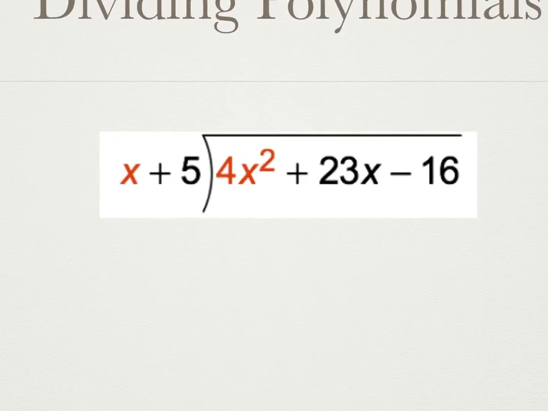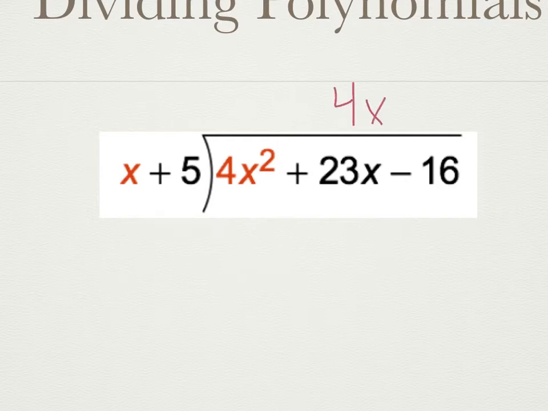So the first one, we need to see how many times x goes into 4x squared. So what number times x gives us 4x squared? 4x.